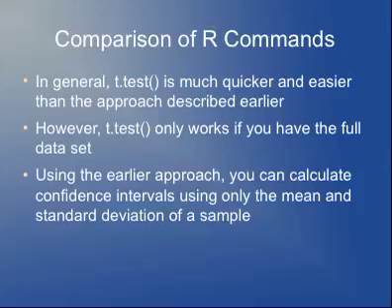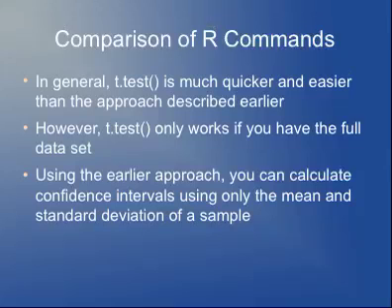And in general, when I calculate these confidence intervals in my day-to-day work, I always use t.test. It's quicker, it's easier, you're less likely to make mistakes, it's superior in just about every way.